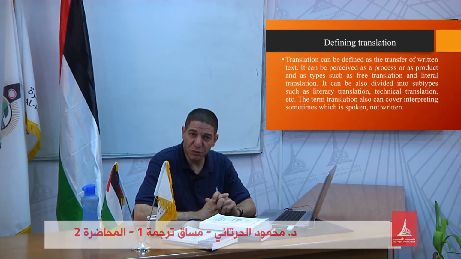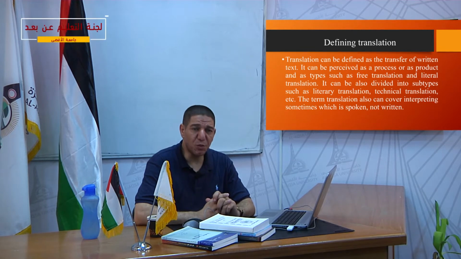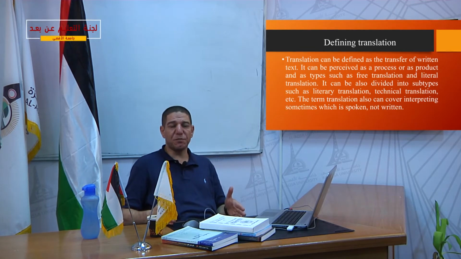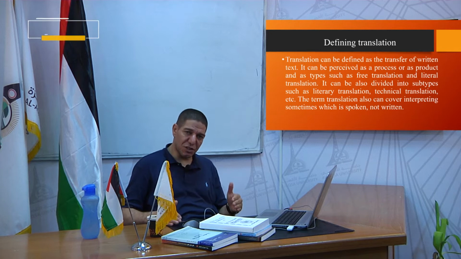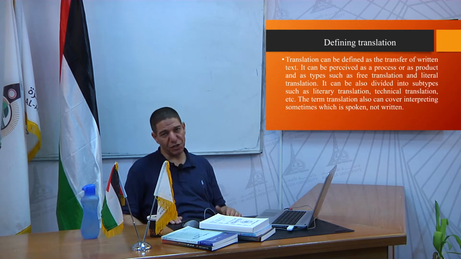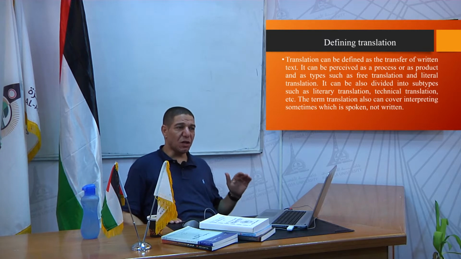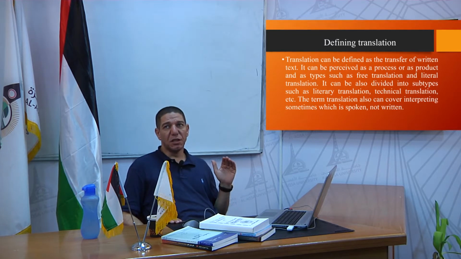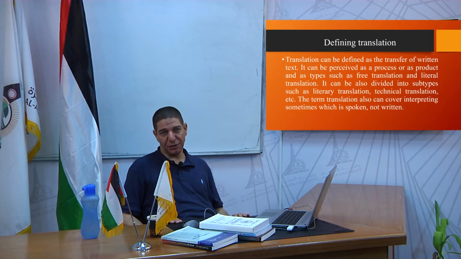Interpreting is part of translation, but some people separate it from translation. They believe that translation is concerned with written text. Interpreting is concerned with oral communication. So an oral communication act is interpreting.